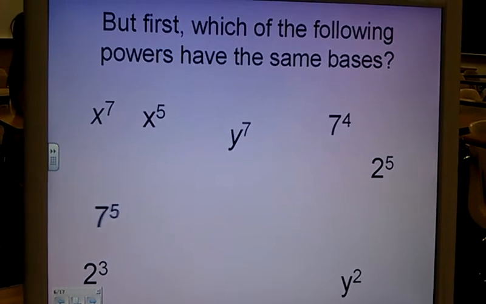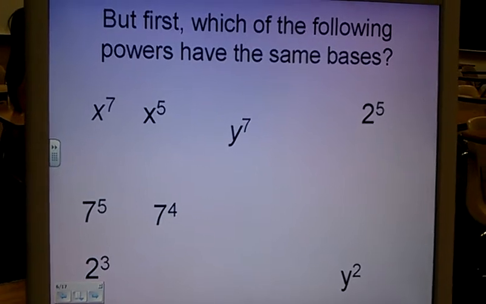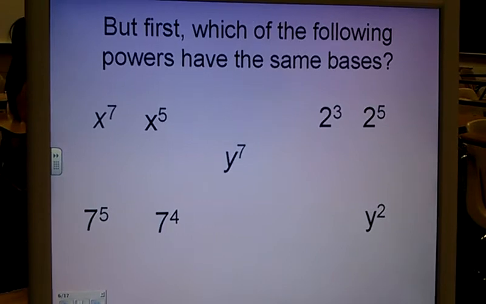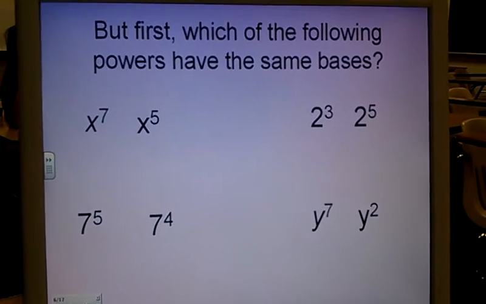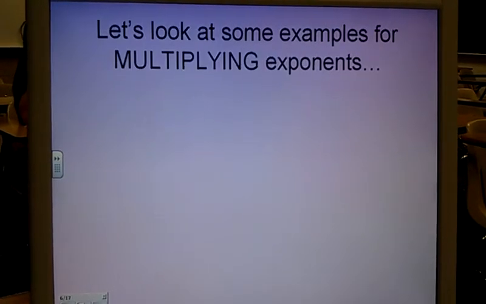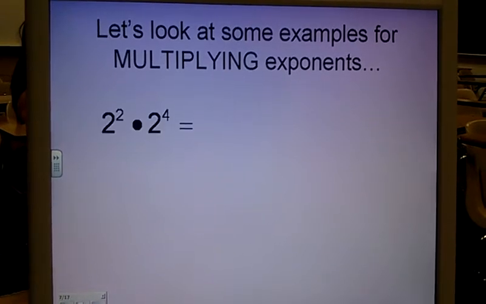The x's will all go together, and now the 7's are moving. The 2's, the y's. Now that you've matched the ones that have the same bases, you can start finding the rules for the powers. Let's look at some examples for multiplying exponents.